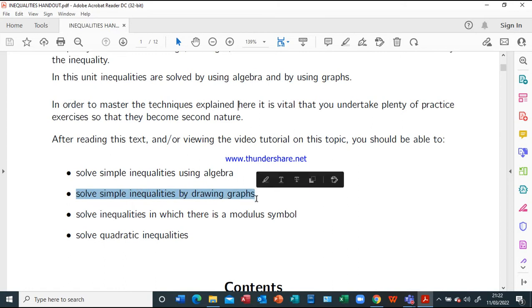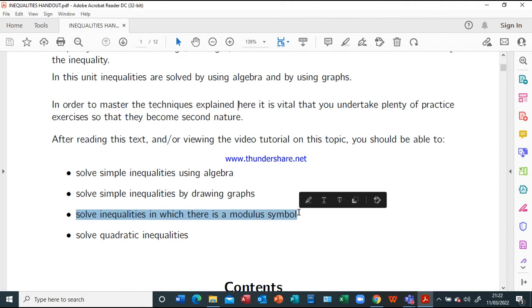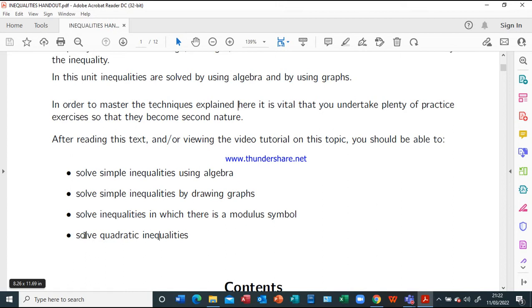And the third one is using what we call modulus. In this case, the inequality may be taking on negative and positive values, so that's why you use modulus. And then the inequality can also have a power of 2 for the unknown, in which case it becomes quadratic. We shall look at that later after we have looked at quadratic linear equations.